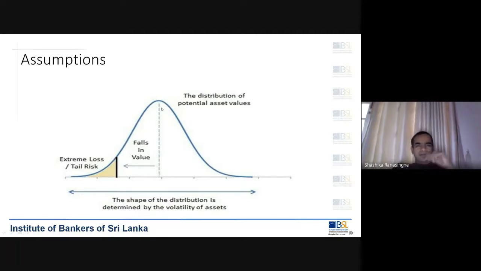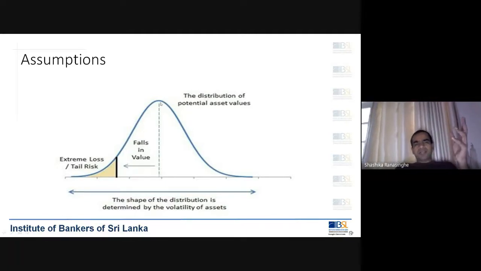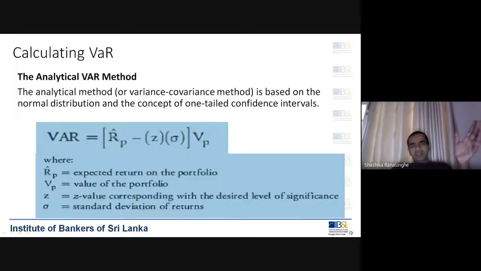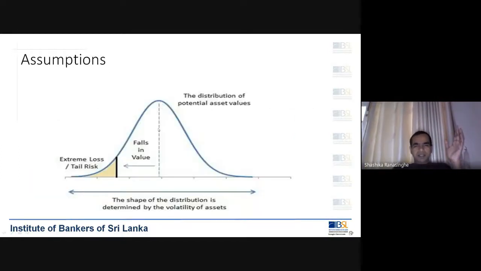Okay, so if let's say for example your average profit is 100 million rupees, the center line will give you the average profit of 100 million rupees. Then as you go to the right, your profit level will increase. You go to 101, 102, likewise 150, maybe 200, and it will keep increasing.